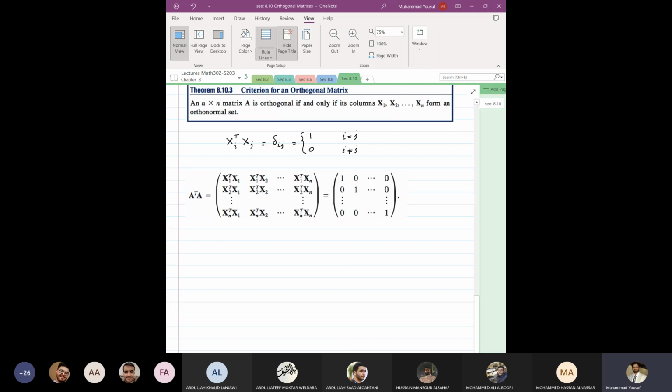Constructing orthogonal matrix. Next thing is, how can we construct an orthogonal matrix? Okay, let us do this.